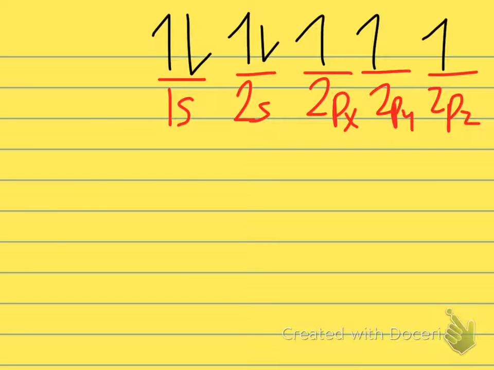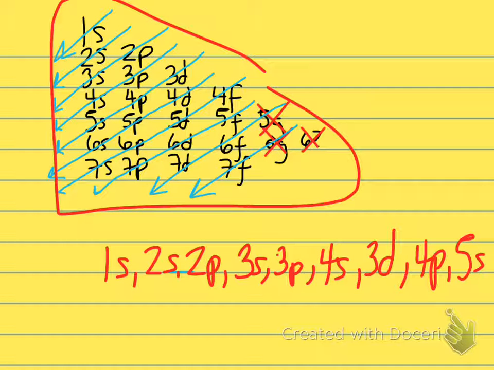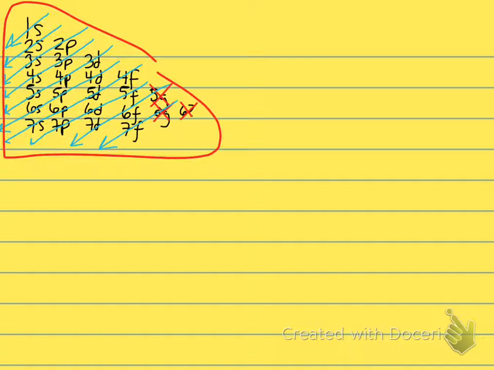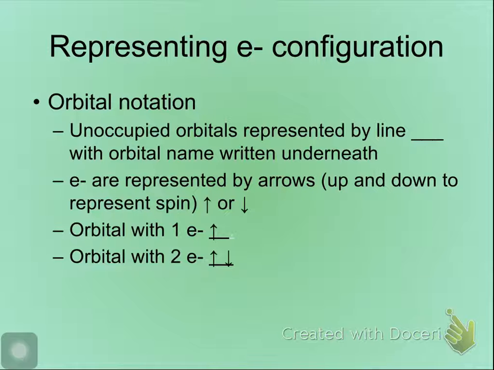So let's do some practice. I'm going to copy the subshell filling diagram. Subshell filling, that's what we call it, not electron filling. Silly me. And we'll paste that in here. And the first format that you're going to learn, you're going to learn 3 different formats for writing electron configuration. The first one is called orbital notation. So orbital notation means that we literally write every single orbital.